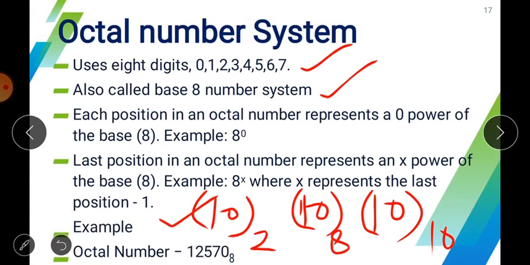Here the base is 8 and we are using 8 digits in the octal number system from 0 to 7. So this 10 belongs to the octal number system. And here I am using 10, and in the decimal number system we are using 10 digits. So this 10 belongs to the decimal number system. So we are using base in order to determine a particular data belongs to which number system.